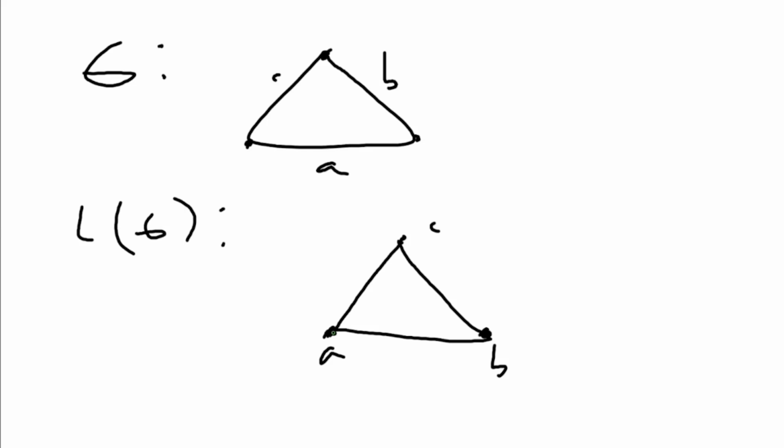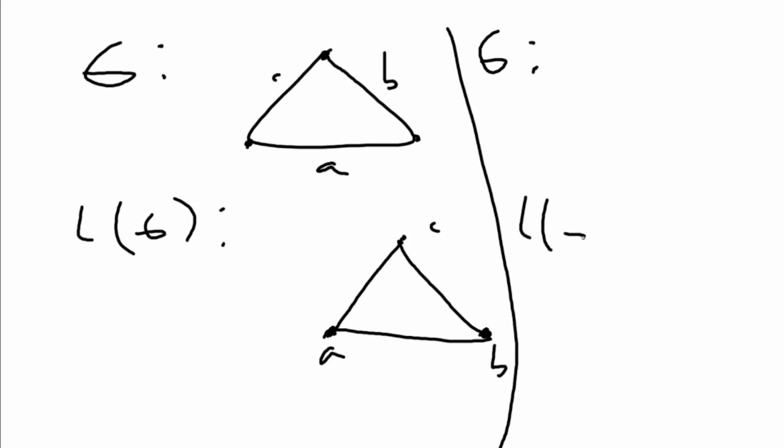But let's look at an example that actually shows a little bit more complicated of the situation. So we can take a graph of more vertices, which will be a more complicated example.